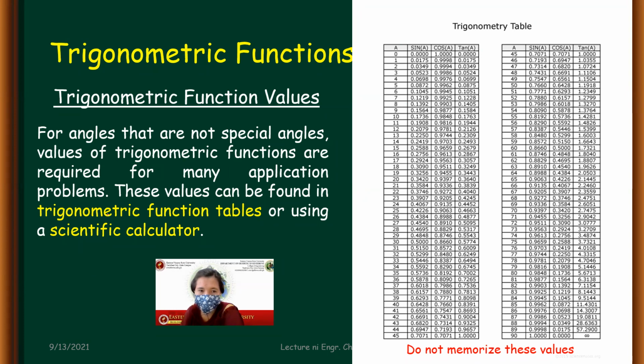There are a lot of references that you can find which have a complete list of trigonometric functions and values. The table I have presented here is just the values of trigonometric functions from 1 degree up to 90.